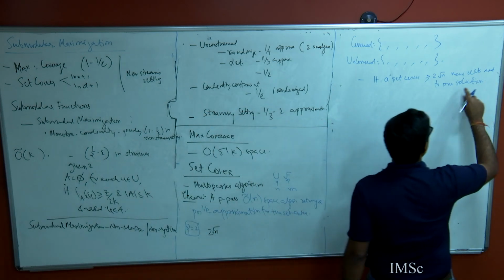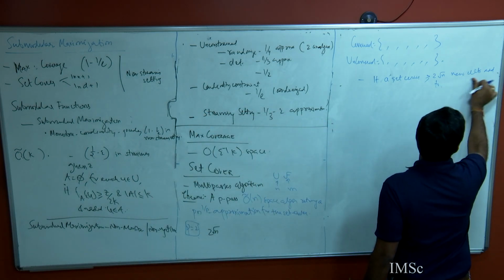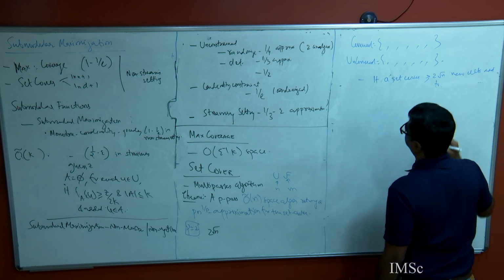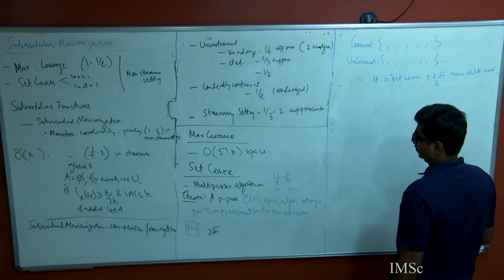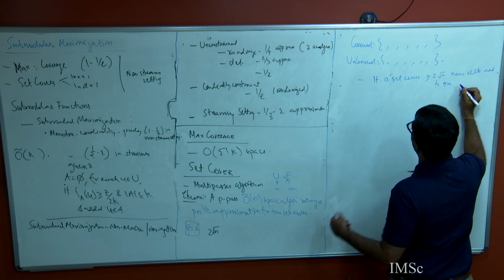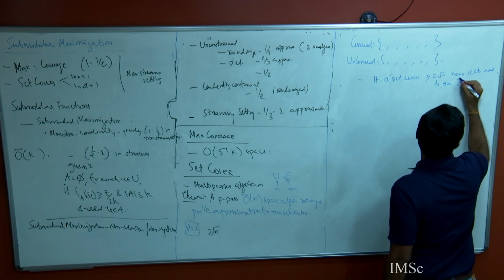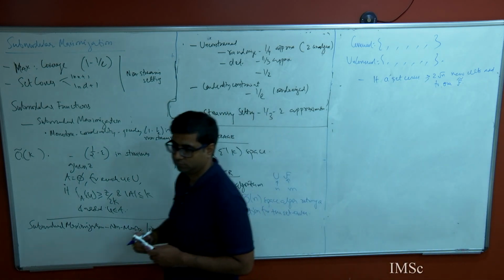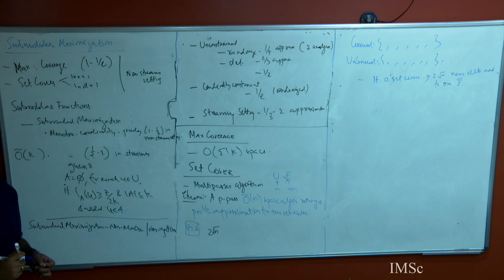If a set covers that many new elements, add it to the family F tilde that we are trying to maintain.